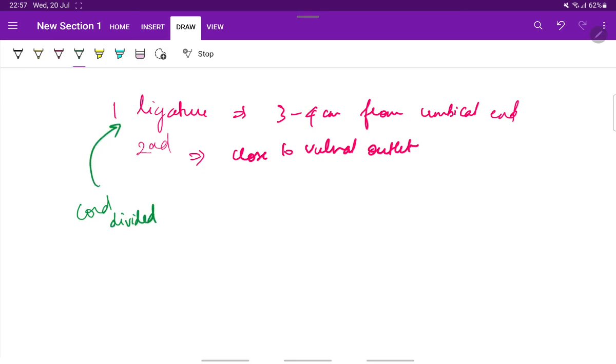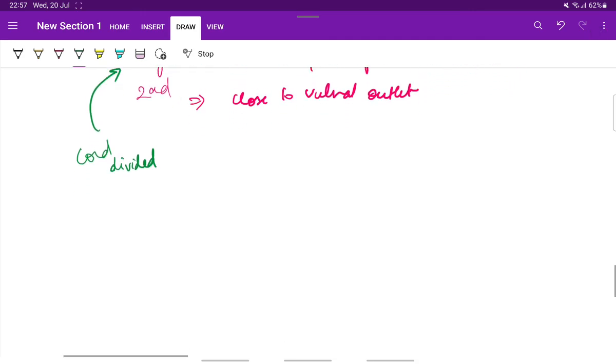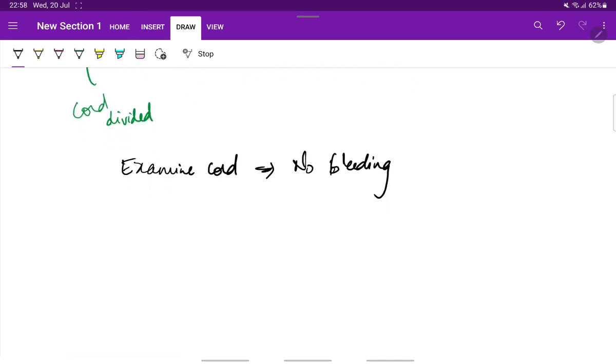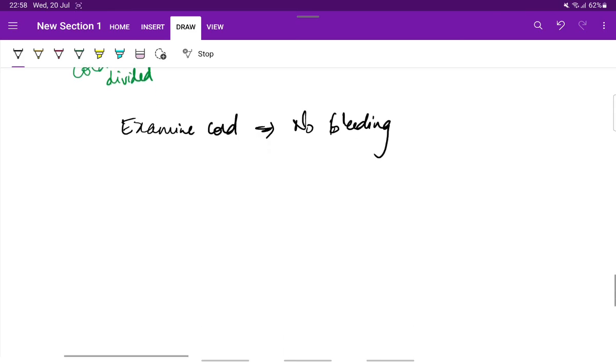And after cutting the cord, we should examine the cord to see that there is no bleeding, and to check for the umbilical arteries and the umbilical vein. And the cord is left to dry on its own and it falls off, and there is no need to cover the cord in the baby.